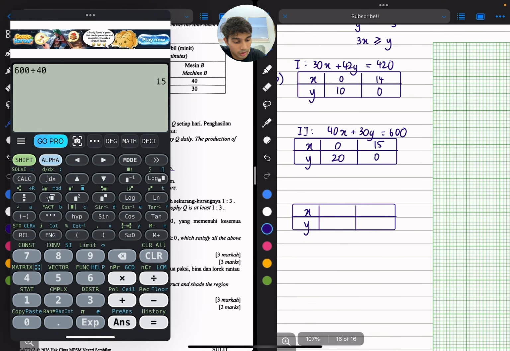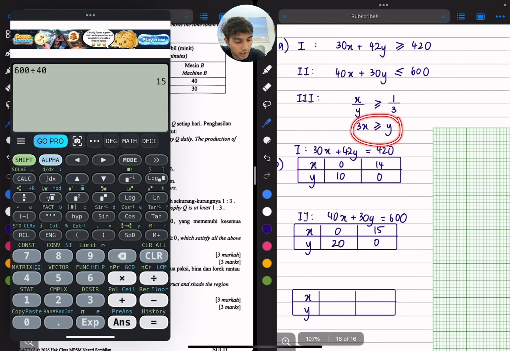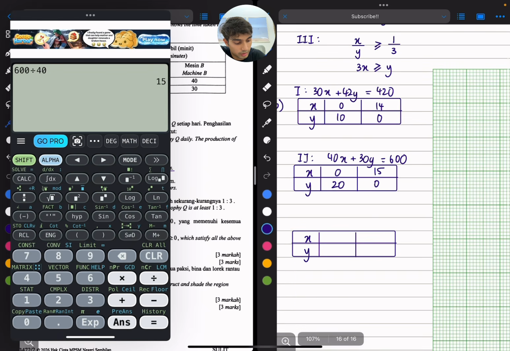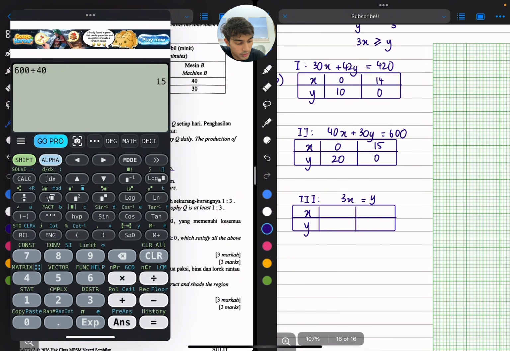Then the last one, 3x equals y. So when x is 0, y is 0. Then we just do another coordinate. Let's say x is 10. Well, let's make it simpler. When x is 10, y will be 30, since 10 times 3 is 30.